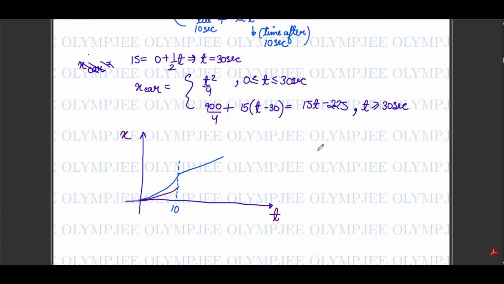After 10 seconds, the car is still moving with t square by 4 position equation till 30 seconds. There can be two cases in this.